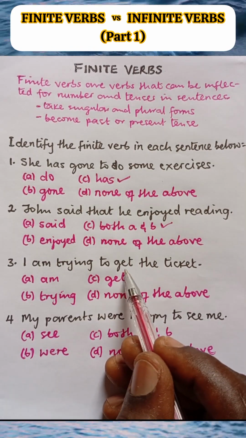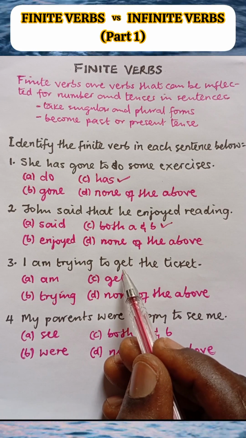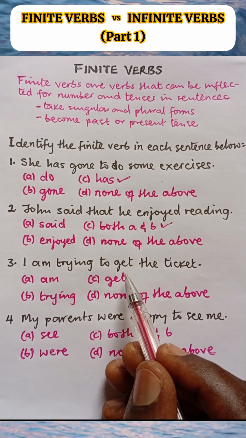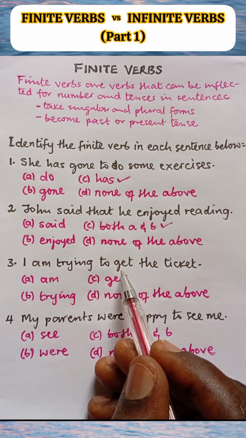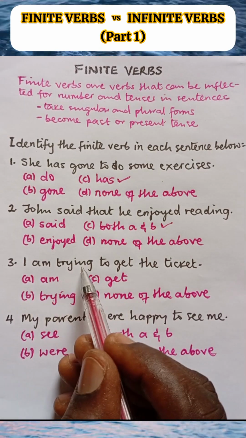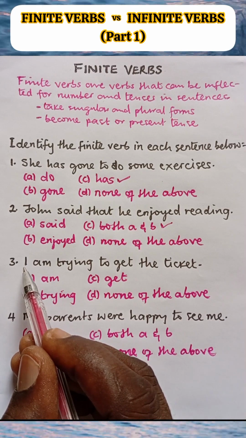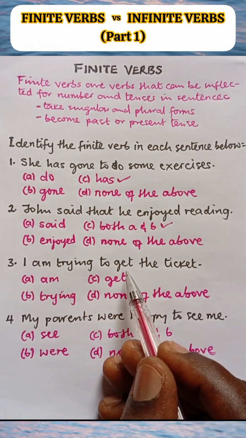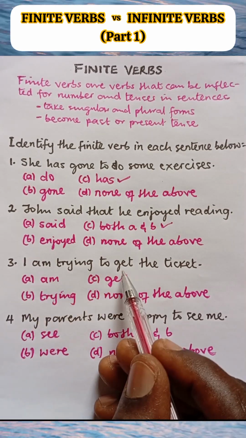Next, option C, get. Take a look at the verb get. Even though the verb get has a past tense, which is got, and also has a singular term, which is gets, in this very sentence, the verb get cannot be inflected. You will say, I am trying to get. Even if the subject of the sentence becomes plural, you will now have we are trying to get. You find out that whether the subject is in singular or in plural, the verb remains the same.